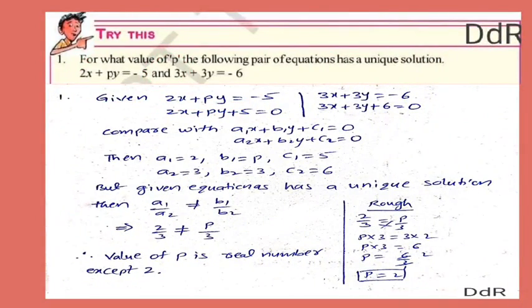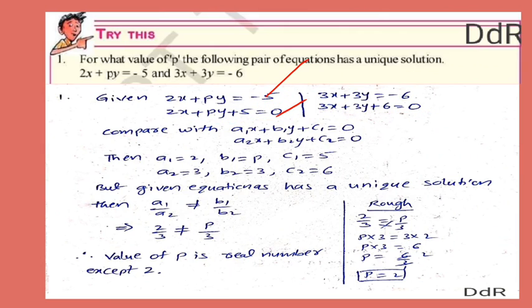First of all, the given two equations are 2x plus py equals minus 5. So this minus 5 is transposed to the LHS, then 2x plus py plus 5 equals 0. Similarly, in the second equation, minus 6 is transposed to the LHS, so then 3x plus 3y plus 6 equals 0.